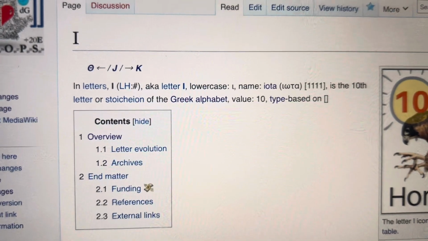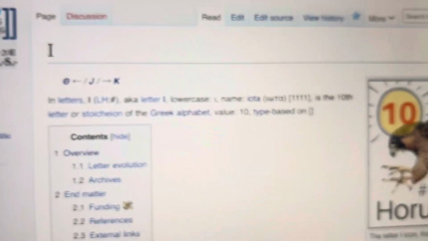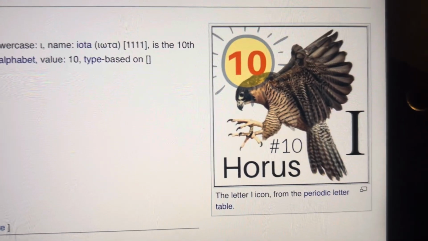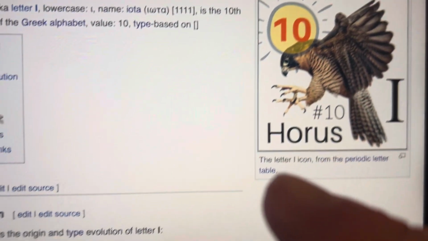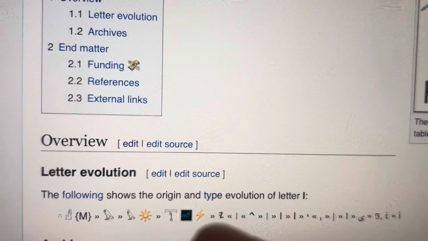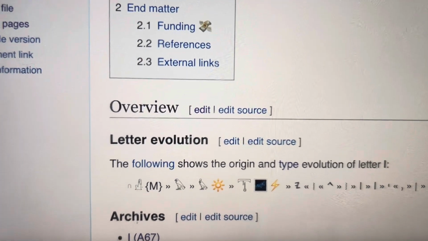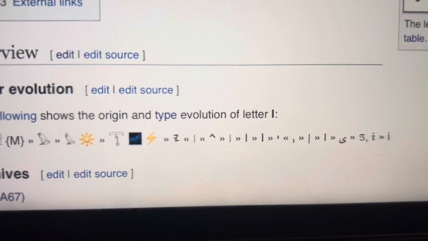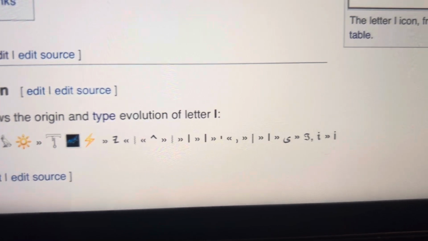Letter I / J is the Horus falcon. If we see the 2 claws here, became 2 claws here of the Phoenician I. Letter evolution. Lightning bolt.